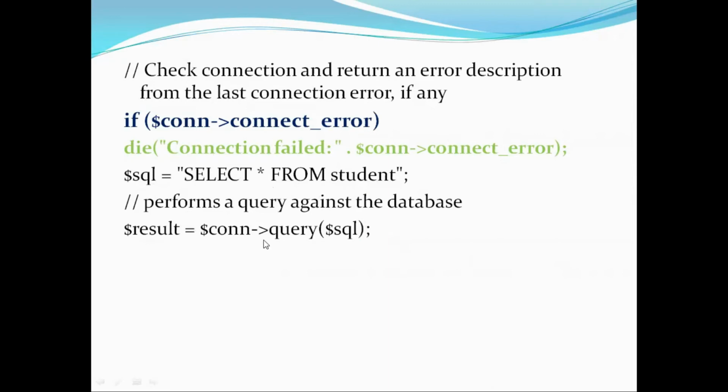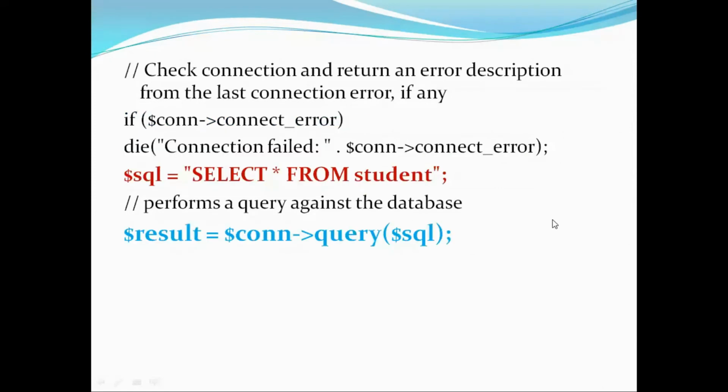Next, we need to execute that query. In order to perform that, we are using one more variable, $result equals $connect query of $sql. For that query function I am sending this $sql variable which contains the student details.